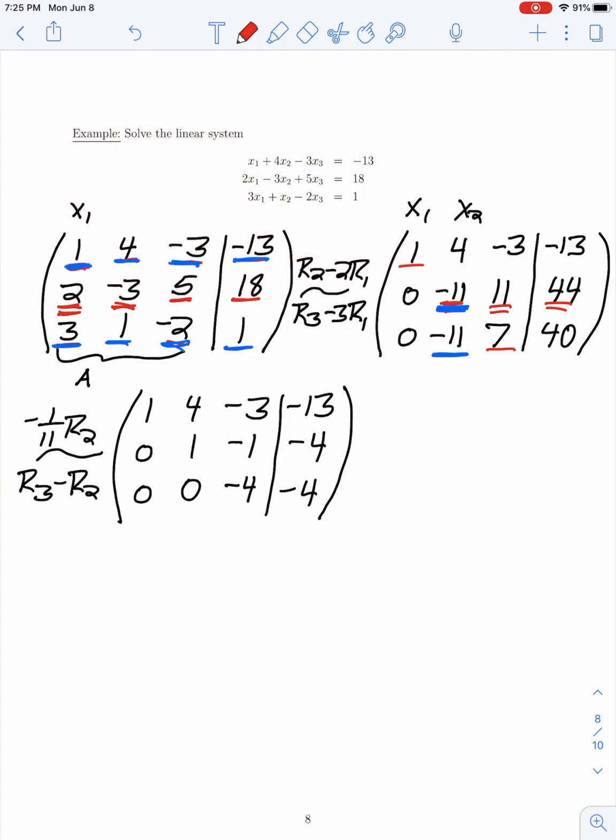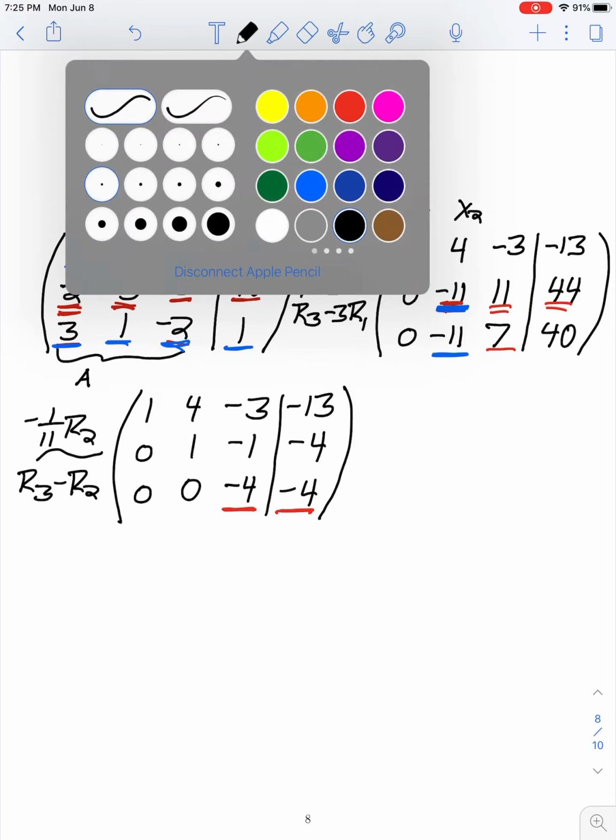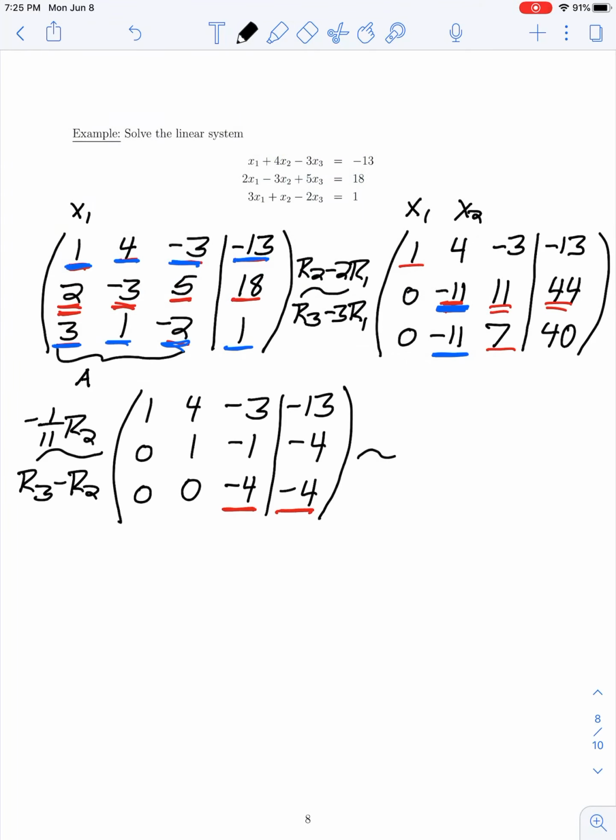To get the form for the augmented matrix that I want, this last entry in my third row needs to be a positive 1. So an easy way to get it here, if we notice that our constant on the right-hand side of the third equation is also negative 4, we could just divide through our third equation by negative 4. So let's see what that gives us.